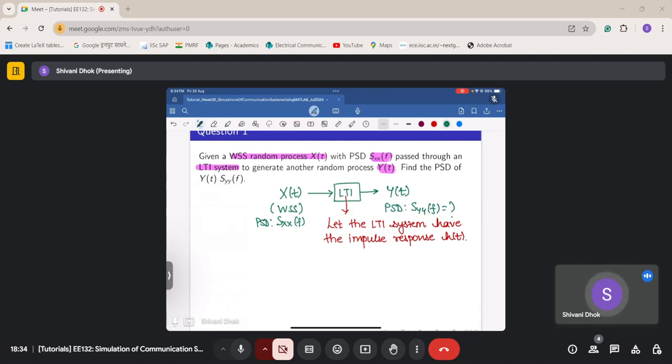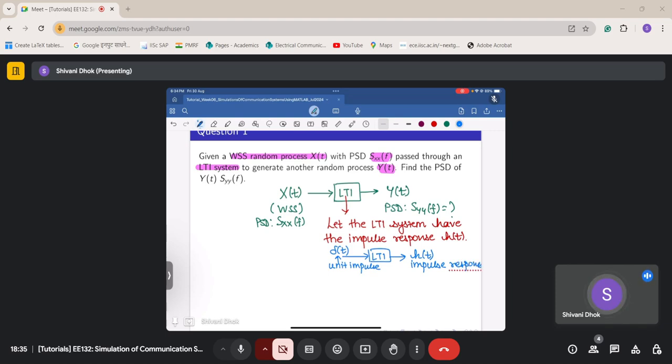You have this same LTI system, and if you give a unit impulse as an input to this system, then you will observe h(t), and this is known as the impulse response.